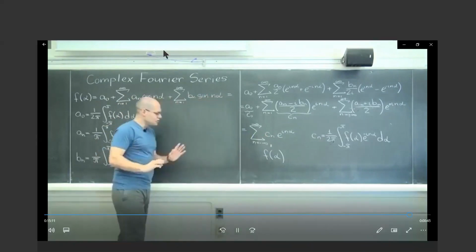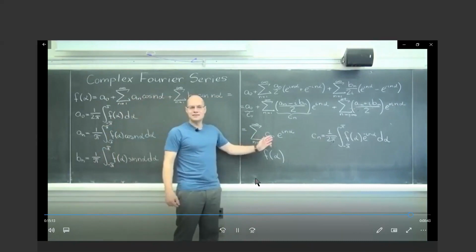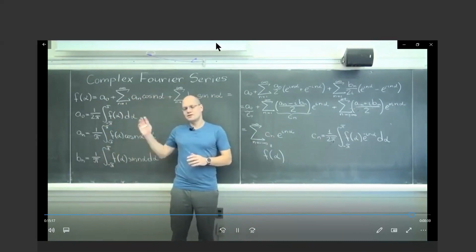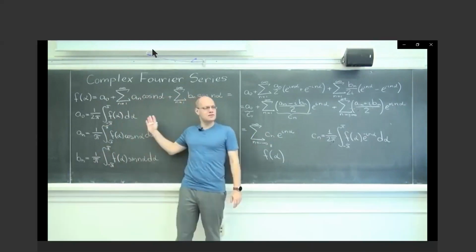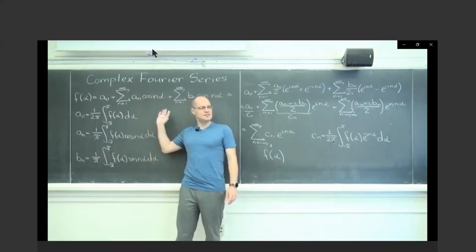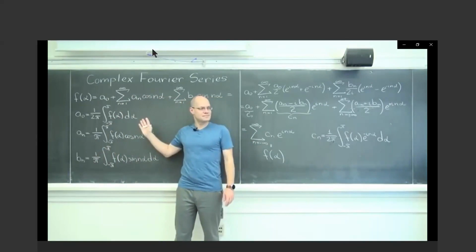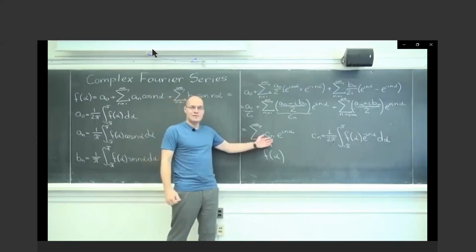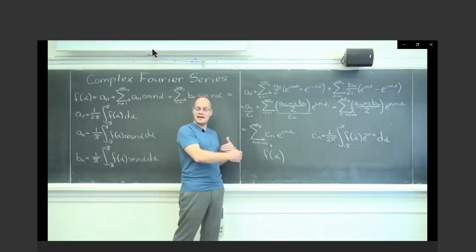So once you see this, there is no going back on complex numbers. You will never use the real Fourier series again. Unless, of course, you're doing it on the computer, and then you might have to think about the fact that there are twice as many terms, even though many of them cancel.